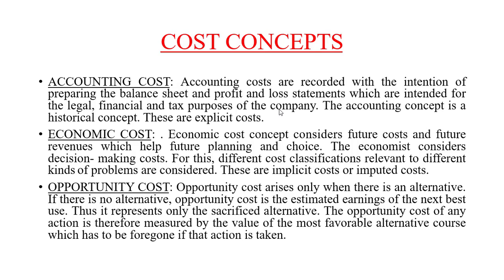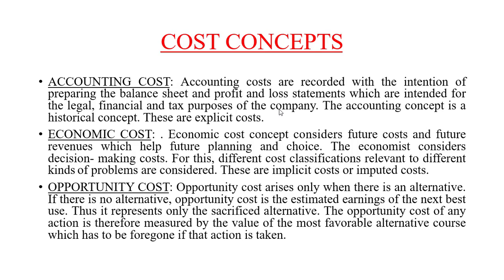Next is economic cost. Now economic cost is like a future cost. What is this economic cost? It will be easier for you to understand if you know the meaning of accounting cost. As I have told you, in accounting cost we record only those transactions which are related to the business, right? The personal expenses or personal cost are not recorded in accounting transactions, right? That's why it is explicit.